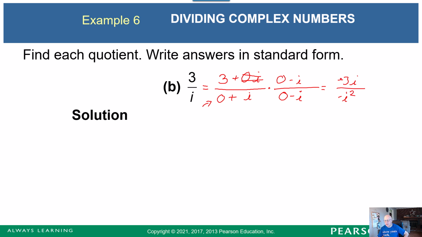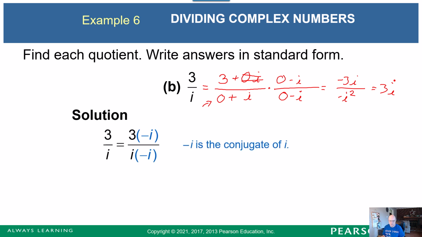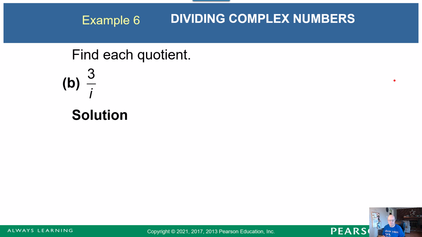Minus 1 will cancel out this, and we'll get 3i as our answer. Another surprise. Remember that all of these you can go back and look at again, and you can try them yourself or just watch them again to get the technique down.